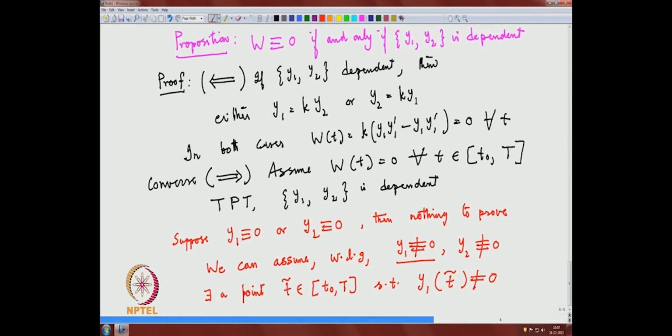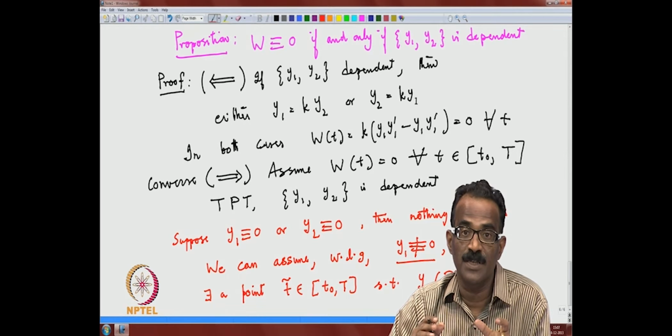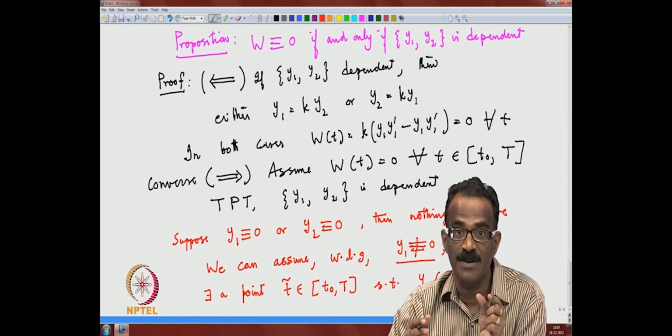But now use the argument of continuity. If a function is not equal to 0 at one point, then that function is not equal to 0 in a small interval.